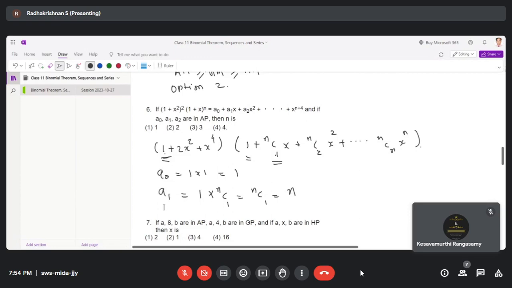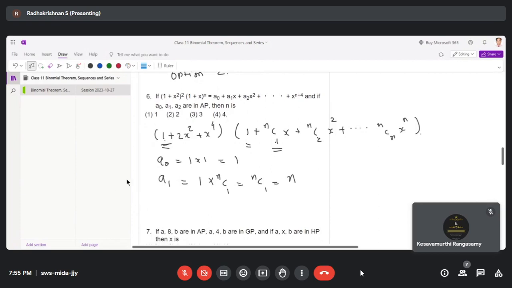Now somebody tell me what A2 will be. A2 is the coefficient of x^2. So which combinations will give x^2? Anybody? Okay. So you see now, 1 and this nC2 x^2. This product will give x^2. So there is one nC2, but that is not the only one.